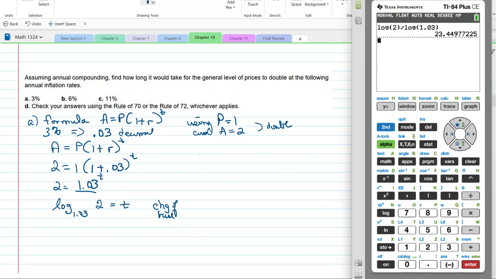I end up with the time, the years, is about 23.45 years. It would double. That's what I got on my calculator.